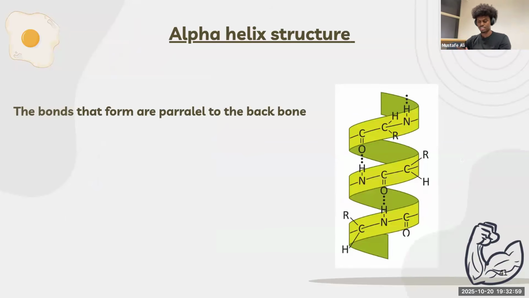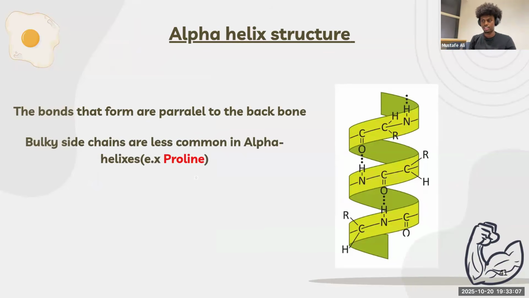So for the alpha helices, again, they are formed because the bonds are parallel to the backbone. And in alpha helices, the amino acids present usually don't have bulky side chains. So amino acids like proline are never present in alpha helices, because proline has a really big R group. It's very bulky, which would make the structure unstable.